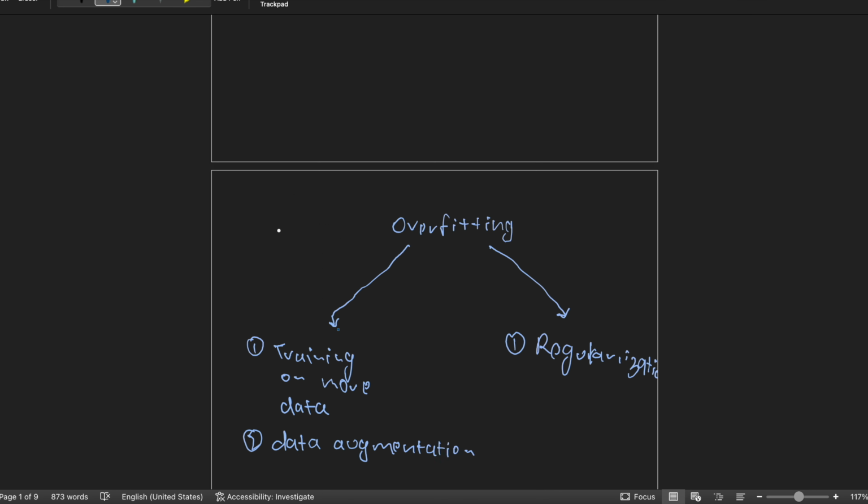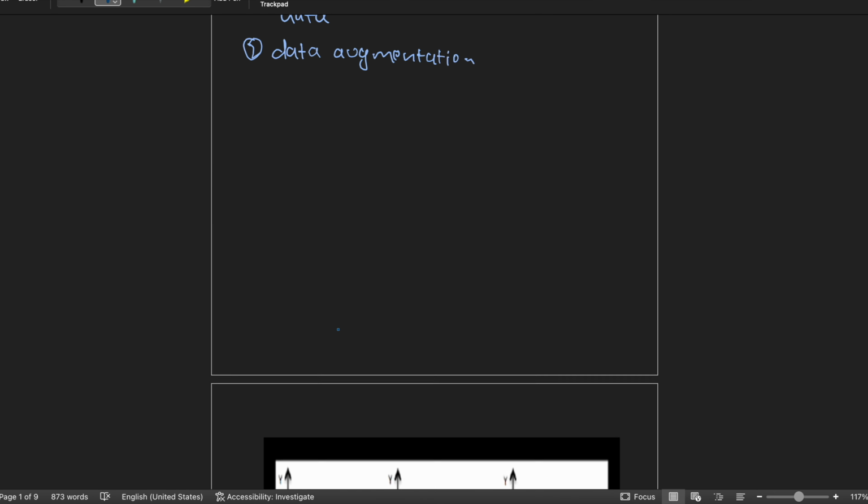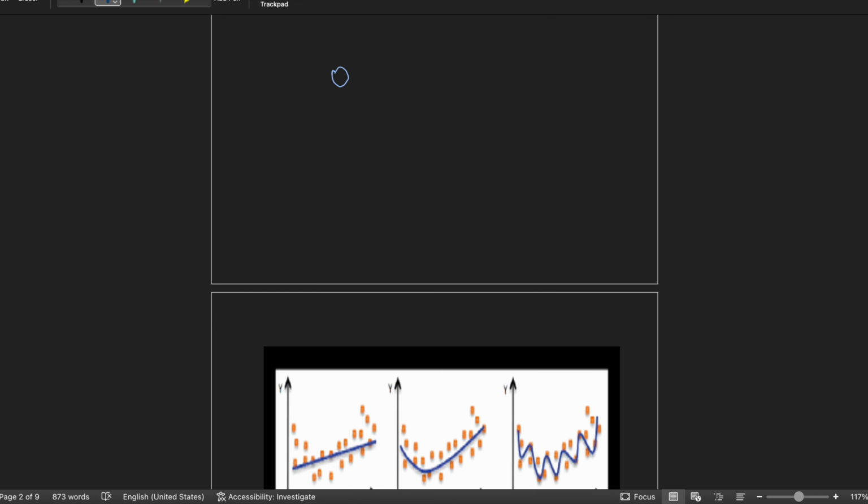The concept of dropout is this: suppose there is a neural network like this, with an input layer, and so on. These are our input features, this is our first hidden layer, the second hidden layer, the third layer, and then the output layer. Suppose it is a regression problem.